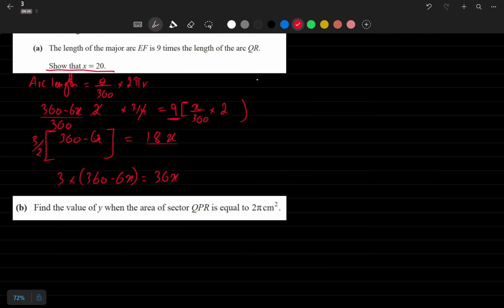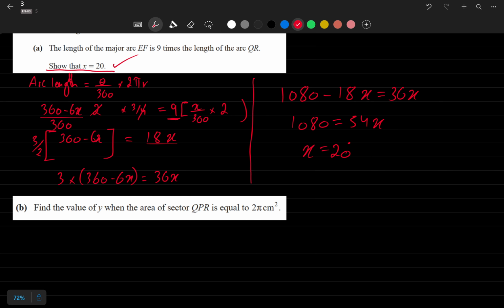Now 3 into 360 is equal to 1080 minus 18x is equal to 36x. This minus 18 will move to this side and it will be added to 36, so 1080 is equal to 54x. Now divide 1080 by 54 and you will get x is equal to 20 degrees.